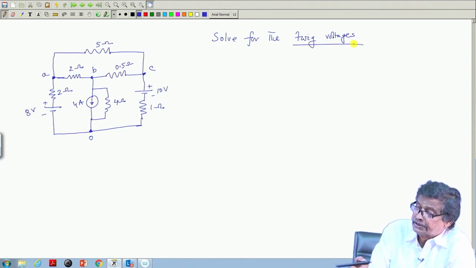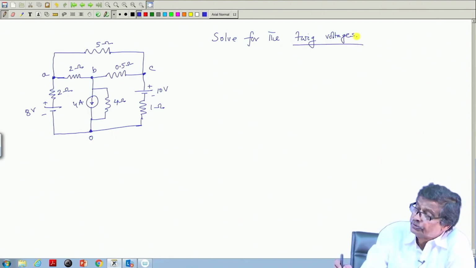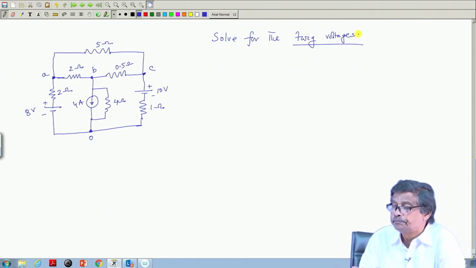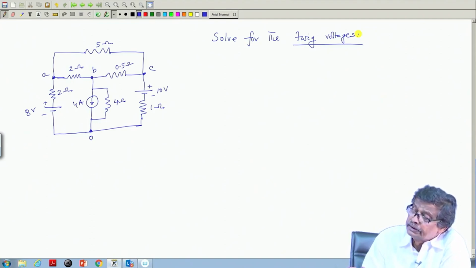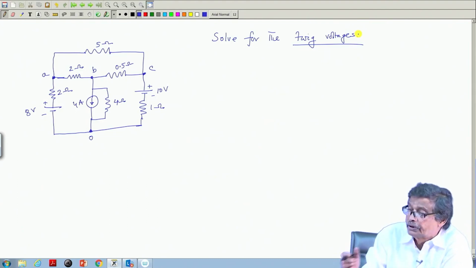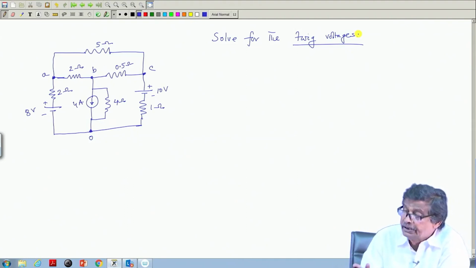Now, the moment I ask you to solve for twig voltages, you must understand that I may choose one tree, you may choose another tree. So, whatever tree you draw, the twig voltages obtained from that tree are the ones I am asking you to solve for.